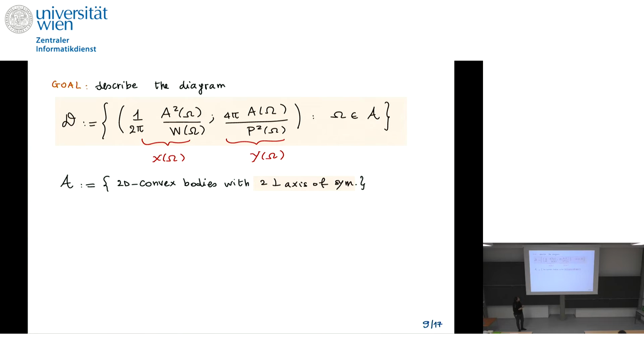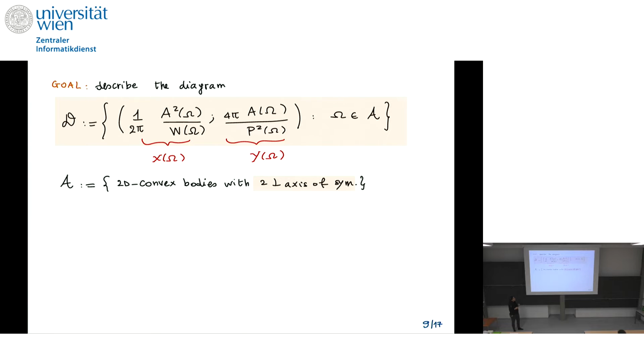Okay, so let me specify what is the diagram. There are many ways of putting together perimeter, area, and moment of inertia. We decided to mix them in this way. We have a multiplicative constant, which is a normalization constant. I will talk about this in the next slide. Then as first component, we take the square of the area divided by the moment of inertia.